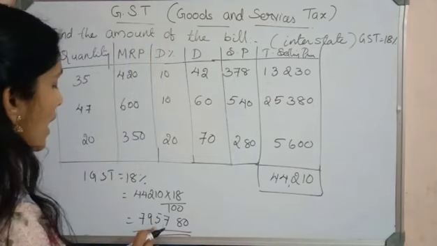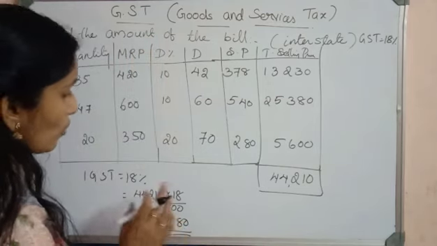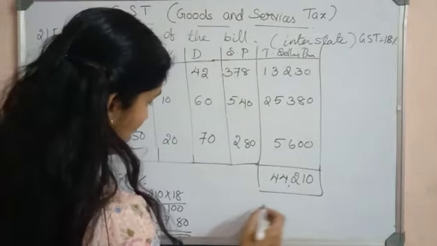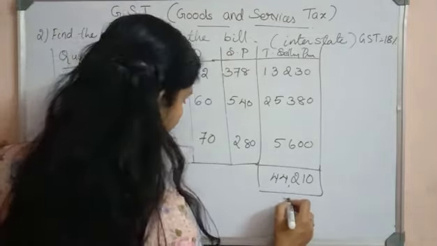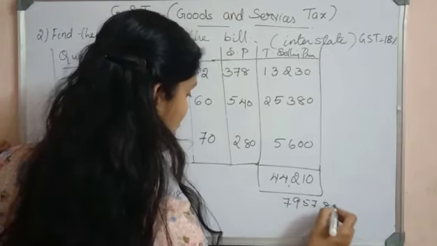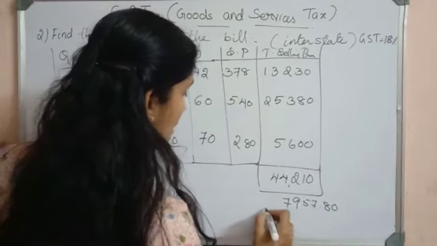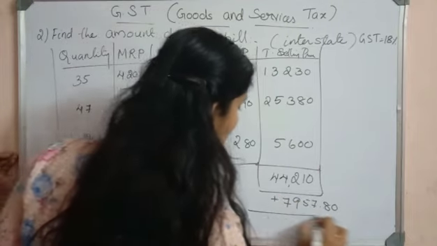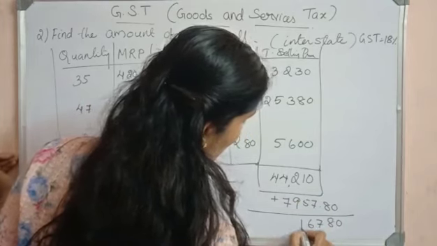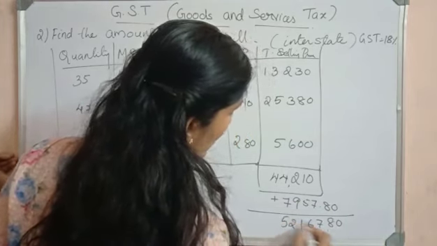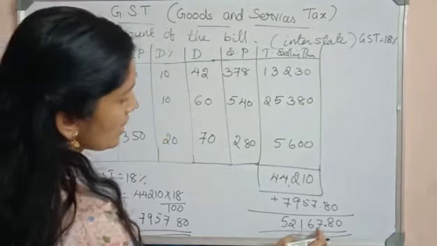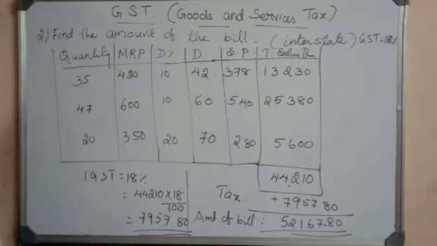That is 7,957.80, the total tax to be paid, and for the amount of the bill, we need to add this tax to the total selling price. So this is the same as 52,167.80.